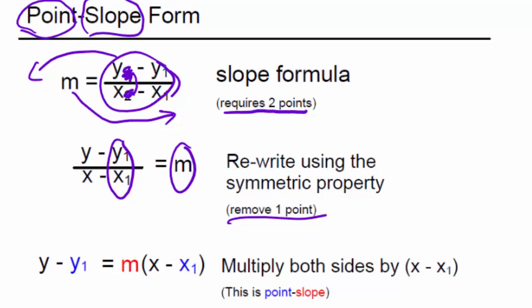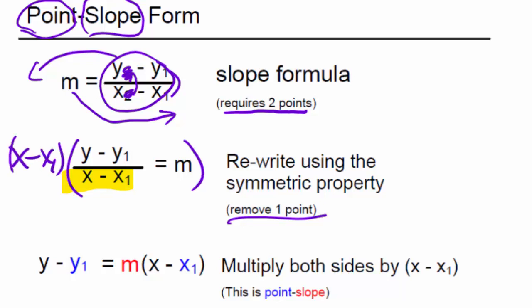But we make it look slightly different: we get rid of the denominator on this side, and the way we do that is we multiply both sides of the equation by x minus x1. When I multiply, the x minus x1 on the left cancels, leaving just the y minus y1, and then the m times the x minus x1, we just write right next to it as if it's waiting for the slope to distribute.